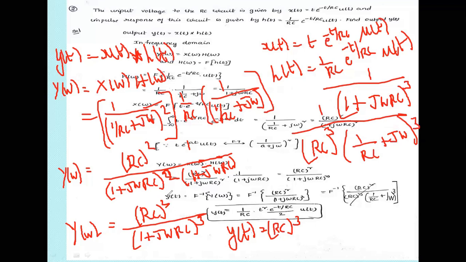Already in the numerator there is RC square, not the cube, RC square. So we can write RC square in the numerator, and the square and the cube get cancelled. We get Y of omega equal to 1 by RC into 1 by (RC plus j omega) whole cube.